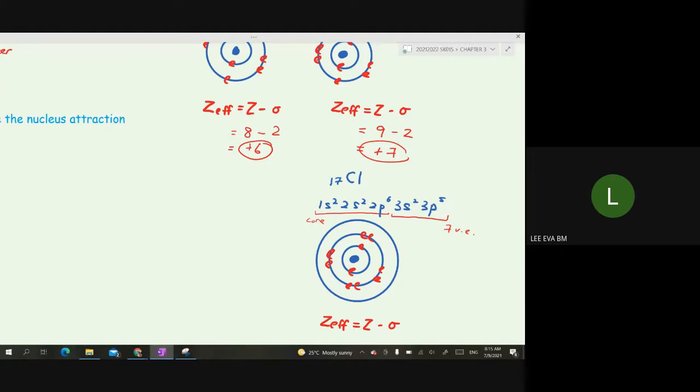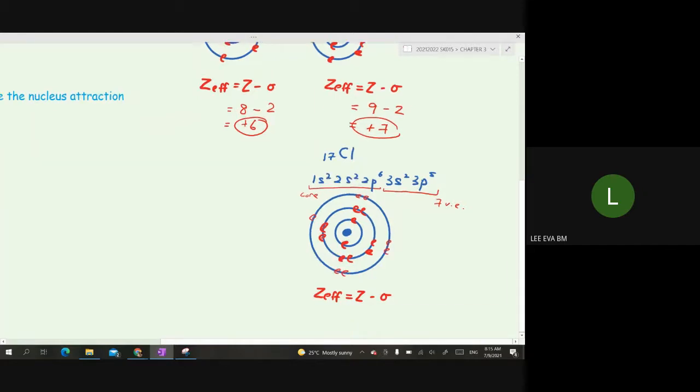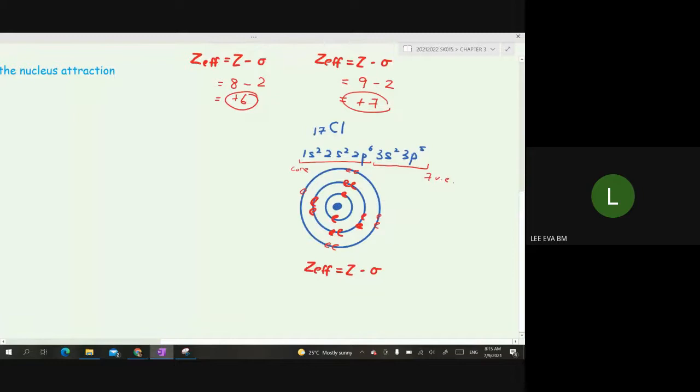Our valence electrons in the outer shell over here number 7. To find your effective nuclear charge, we use the proton number 17 minus your inner electrons. In this case, how many inner electrons do we have? 10, yes, we have 10 inner electrons.